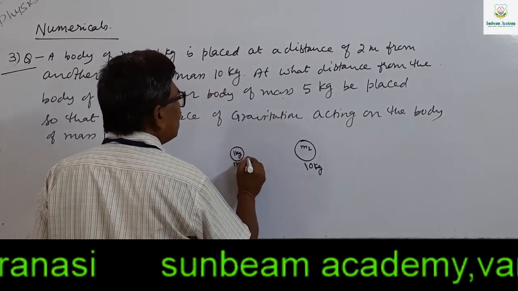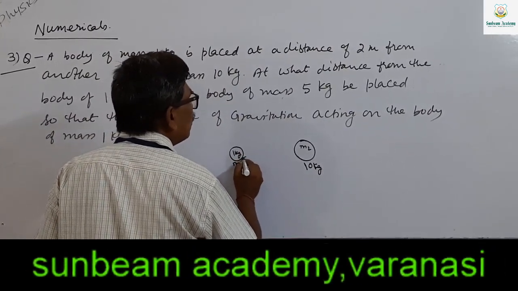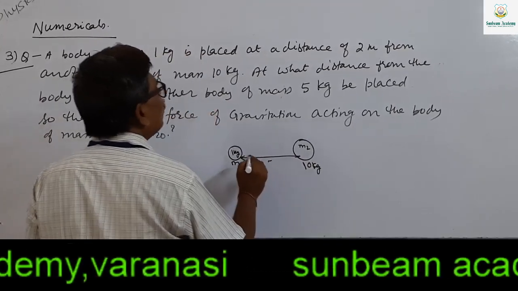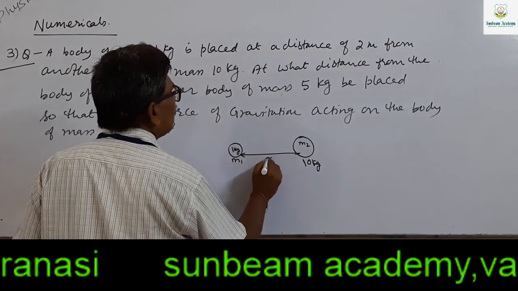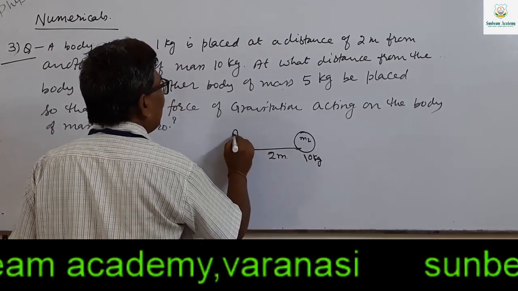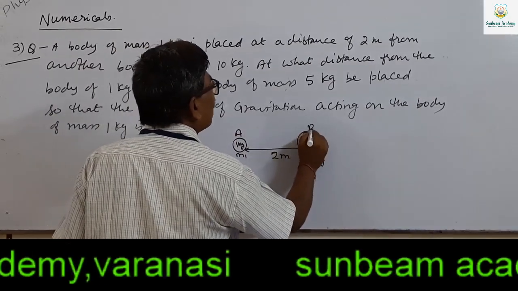Now the distance between these two is 2 meter. This is body A, this is body B.